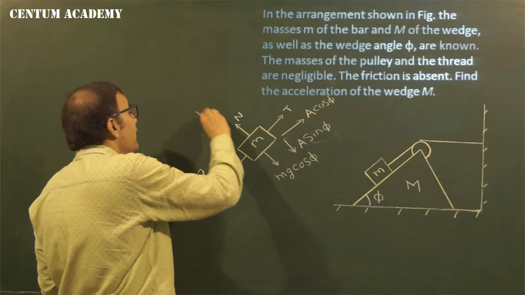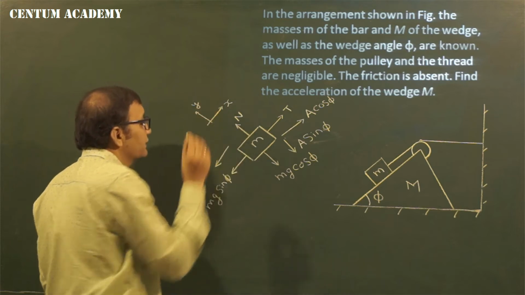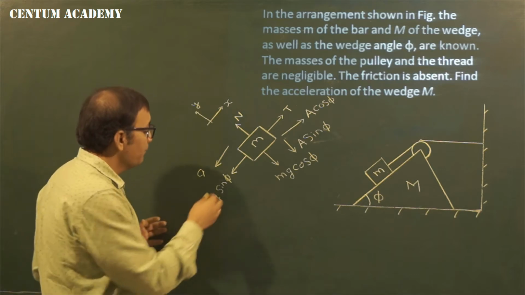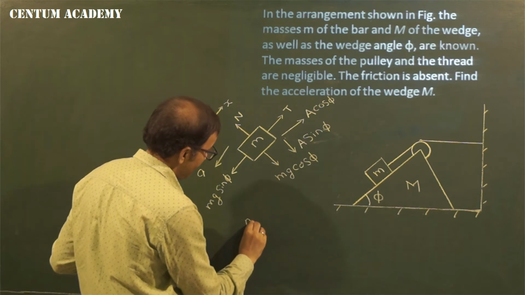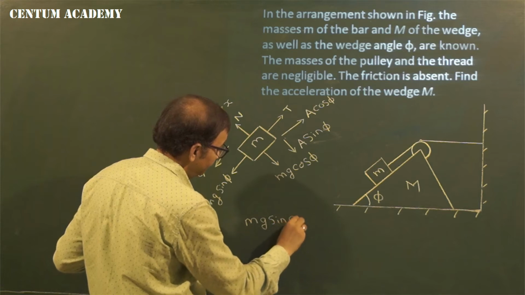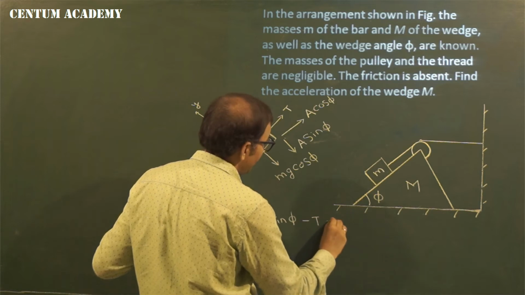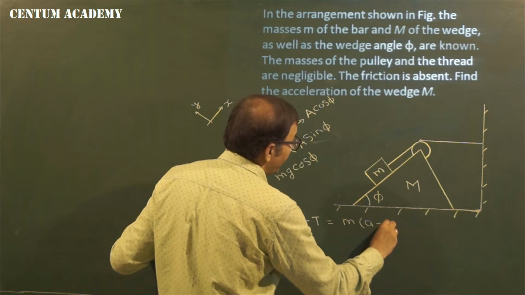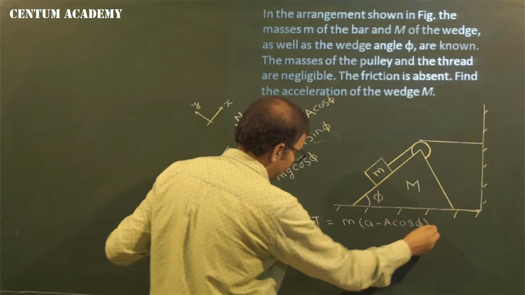So if I take my xy axis like this, this is my x and that is my y axis, I can write down Newton's second law equation in a straightforward manner. So along the x axis, I'll say that mg sin phi minus T is m into (a minus capital A cos phi), right?